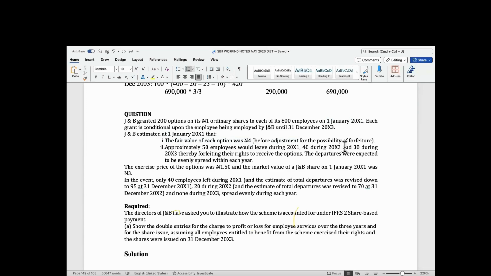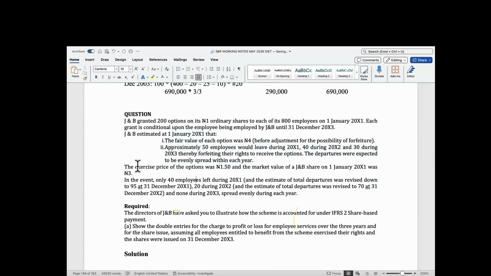The departures were expected to be evenly spread within each year. So all of this is irrelevant for this question, because estimates are not supposed to be made at the beginning of the year. It's supposed to be made at the end of each year. Yes, they can make estimates, but they need to also confirm the estimate at the end of the year. So we cannot work with this yet until it is confirmed at the end of the year.